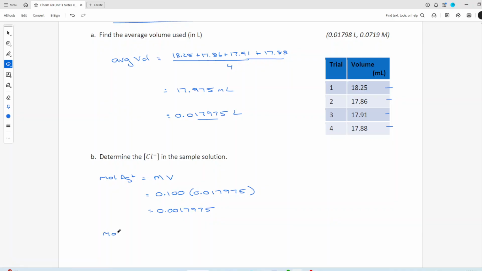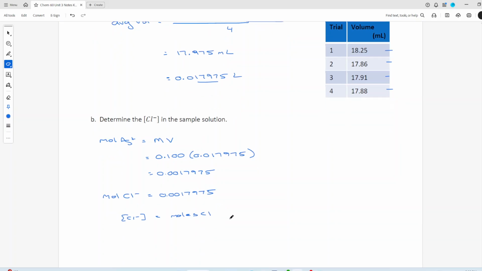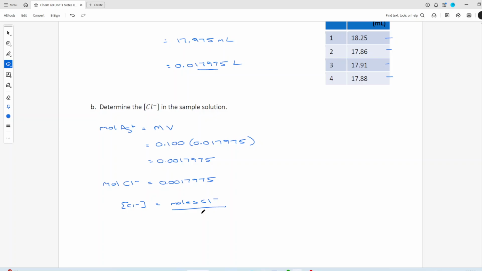And then the moles of chloride is going to be a 1-to-1 ratio, so it's going to be the exact same. So that I can find the concentration of chloride by taking the moles of chloride and dividing it by the volume of my sample solution.